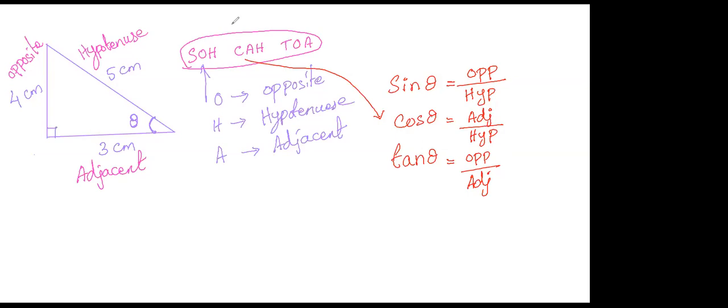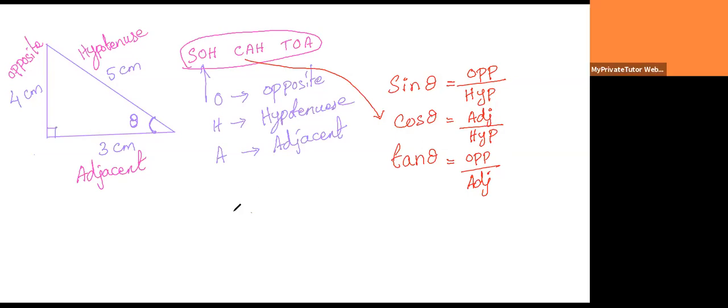Then how do we find the remaining ones? It's very simple, but you need to remember which one comes first. Cosecant is the fourth one. Cosecant theta is the reciprocal of sine theta. Whatever sine theta value you get, you just need to flip it. Opposite by hypotenuse is sine theta, so cosecant becomes hypotenuse divided by opposite. What is the next one?